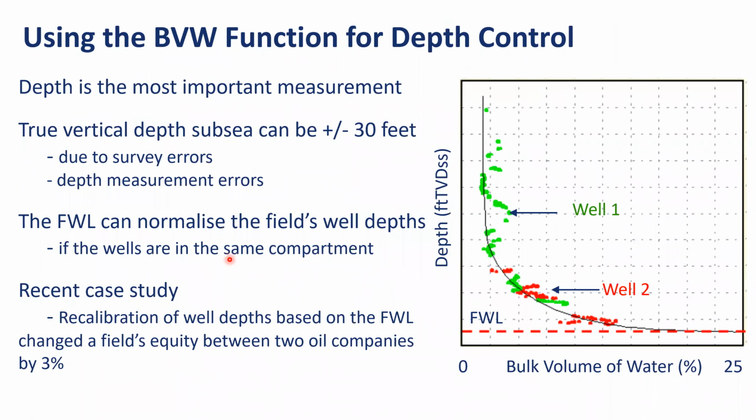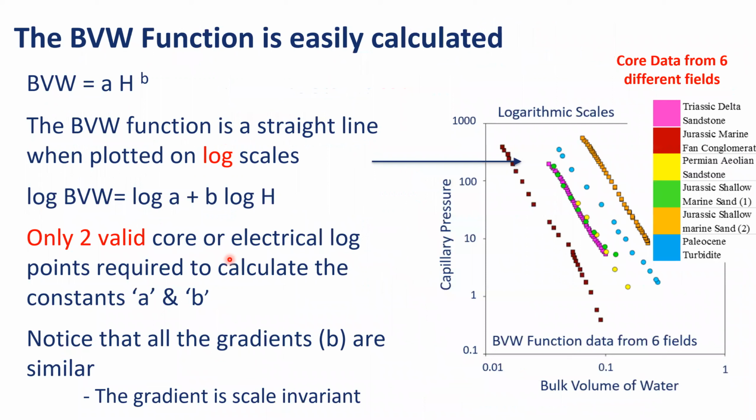Okay. This plot here shows you that even in a single field, we've got 6 shown here which are very different, right? But they're all on a straight line. So these core plugs are representing very different porosities and permeabilities for that field, but they all fall on a straight line.